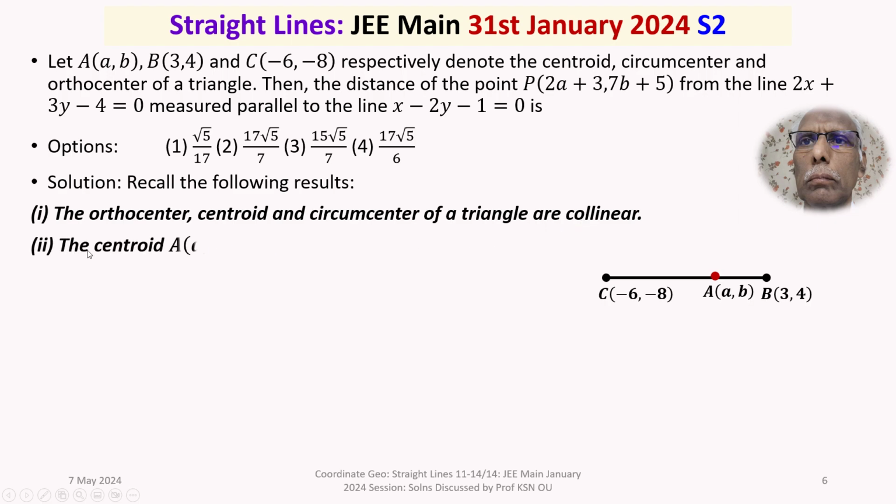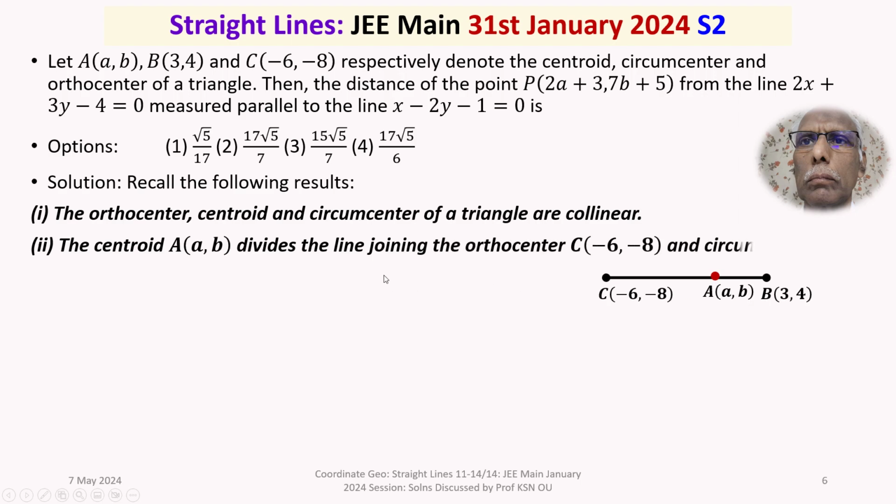Second, the centroid A divides the line joining the orthocenter C and circumcenter B in the ratio 2:1 internally. With this information, use the section formula and find the coordinates (a, b).